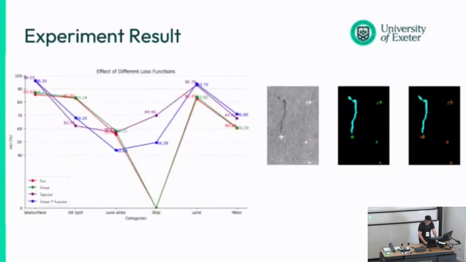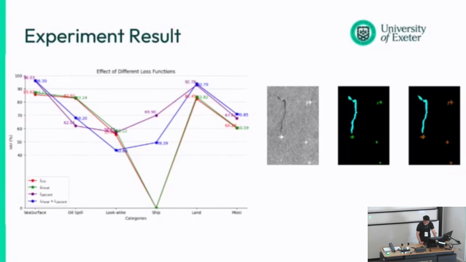Here we show how different loss functions affect the model's performance across categories. If we only use cross-entropy loss, as shown in the red line, the model performs well on the majority class, but struggles badly on minority classes like oil spills and lookalikes.